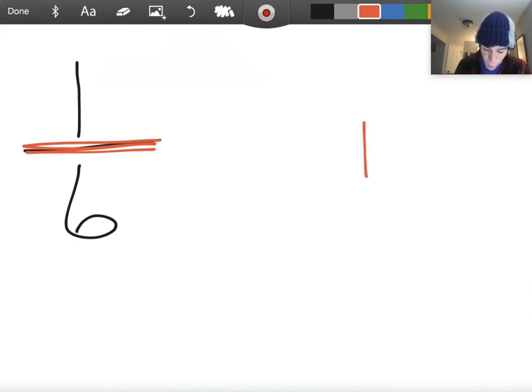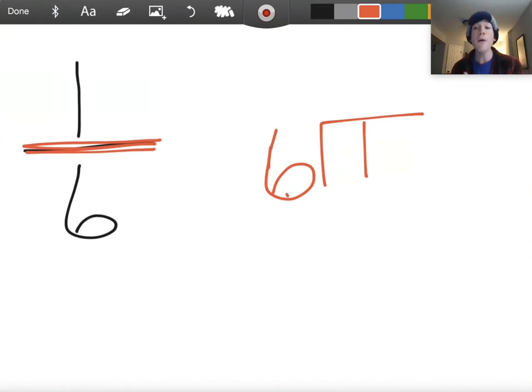I can divide 1 by 6. Remember, whatever number is in the numerator is always going to be the number we're dividing up. It's always going to go inside of that symbol. One thing I can do here is I can add a decimal and a 0, 1 divided by 6. So I know it's going to be 0 and something because it's not a whole.